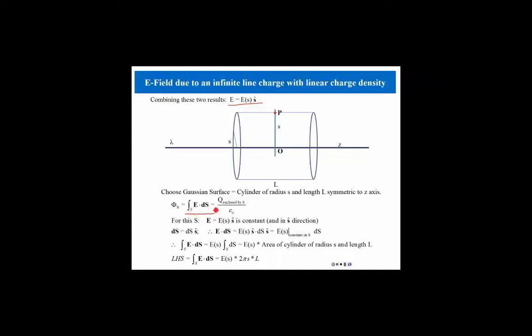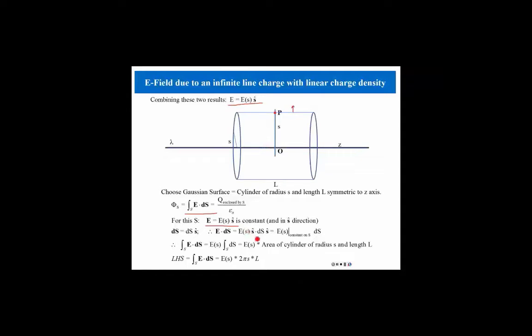Let's look at the flux. E is always normal to the line charge, so therefore the ends of surface S have no contribution to the flux times area. On the other hand, when you look at the walls of the cylinder, because we have this equation here, the E will be normal to the walls of this cylinder.